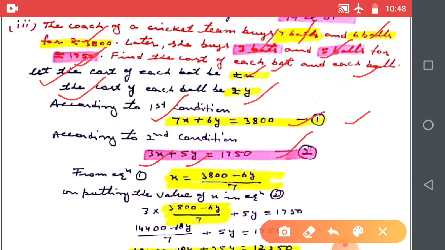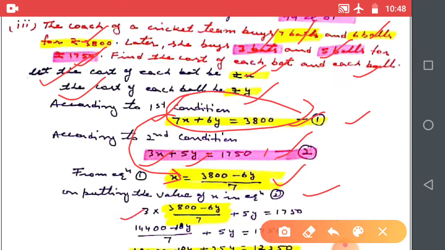Now from equation 1, the value of x is (3800 minus 6y) upon 7. Now on putting this value of x in equation 2, we have 3 into (3800 minus 6y) upon 7 plus 5y is equal to 1750.